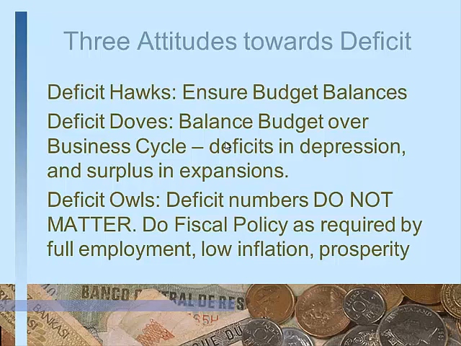I think the UK government has recently enacted some law about how currently we are running deficits, but later we will run surpluses in order to get back to balance. The position which has been named deficit owls is that the deficit numbers do not matter. Spend whatever is needed to get full employment, to get low inflation, and to get general prosperity.